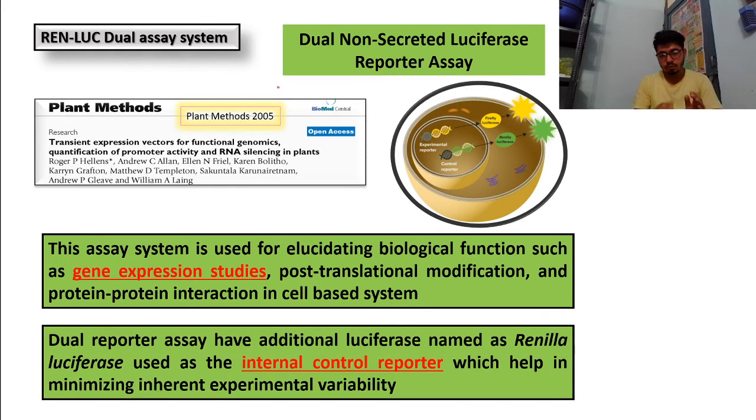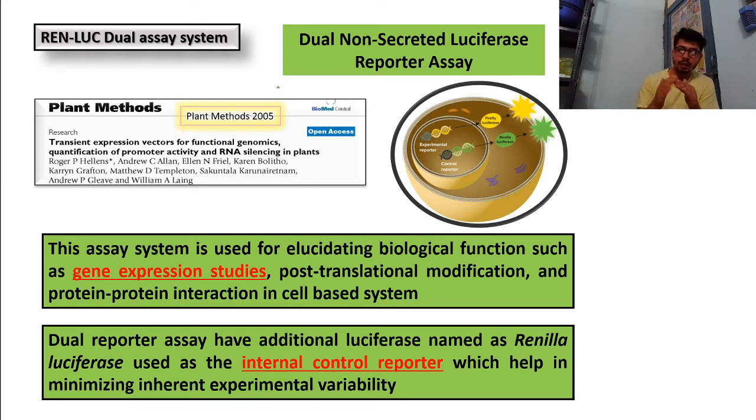The dual reporter assay has an additional luciferase, named Renilla luciferase, that is used as an internal control reporter, which helps to minimize the interference of experimental variabilities. Let me try to explain what an internal control is. Some expression is already present in a cell, but you want to reduce that.